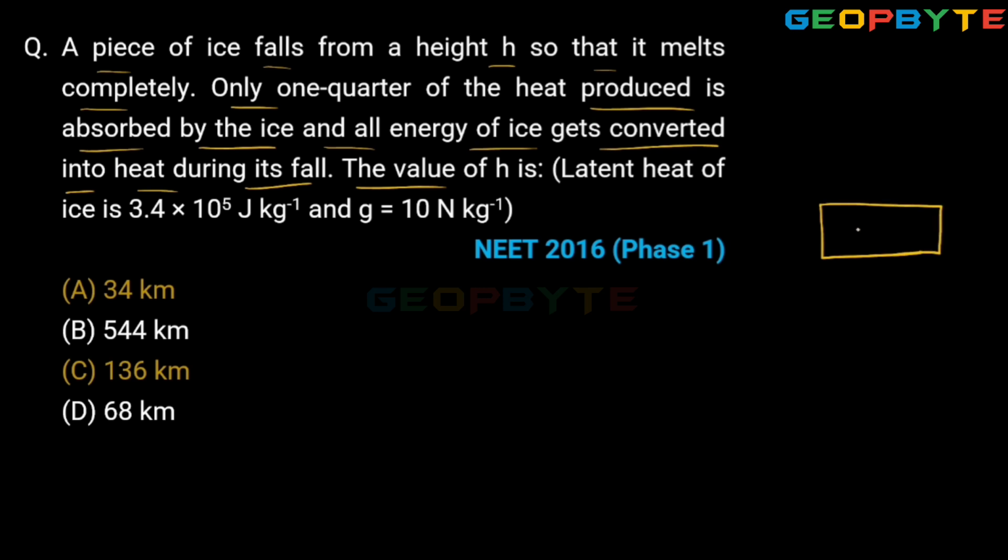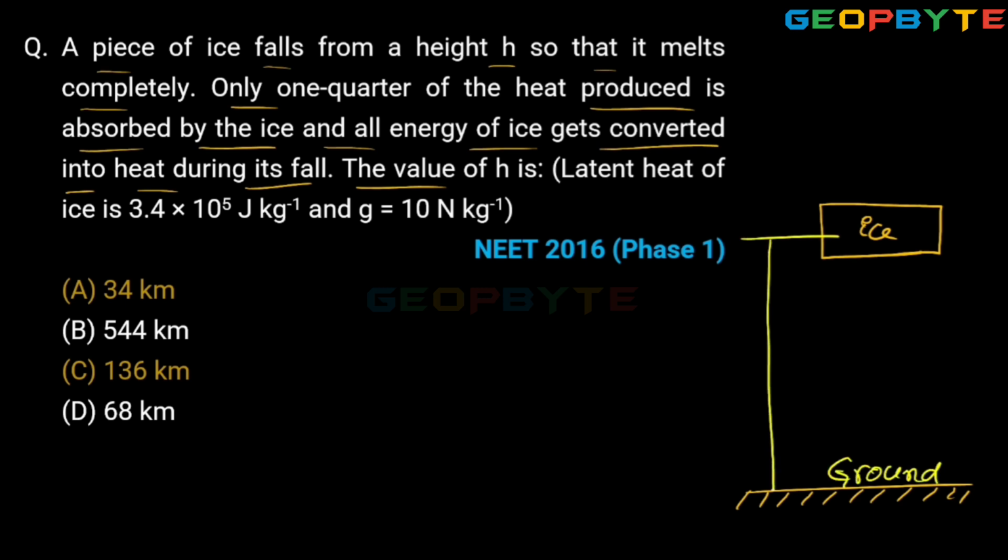There is a piece of ice, and this is the ground level. With respect to the ground, the piece of ice is at a height of h. Therefore, it has potential energy mgh. But only one fourth of the heat produced is absorbed by the ice.